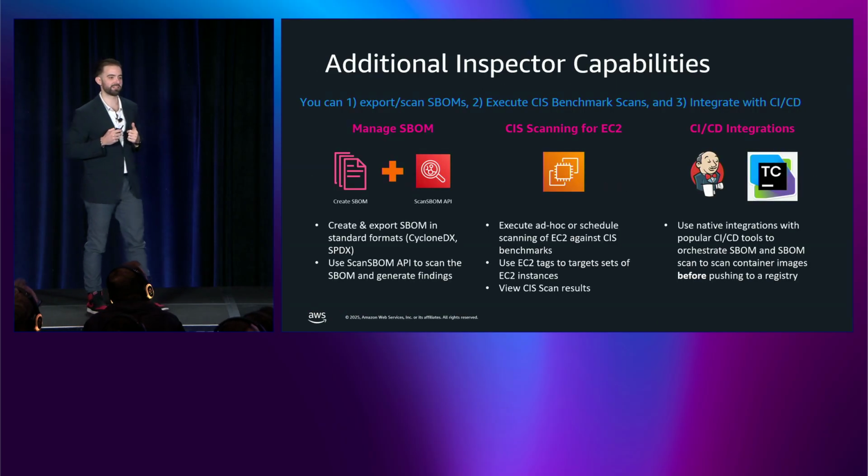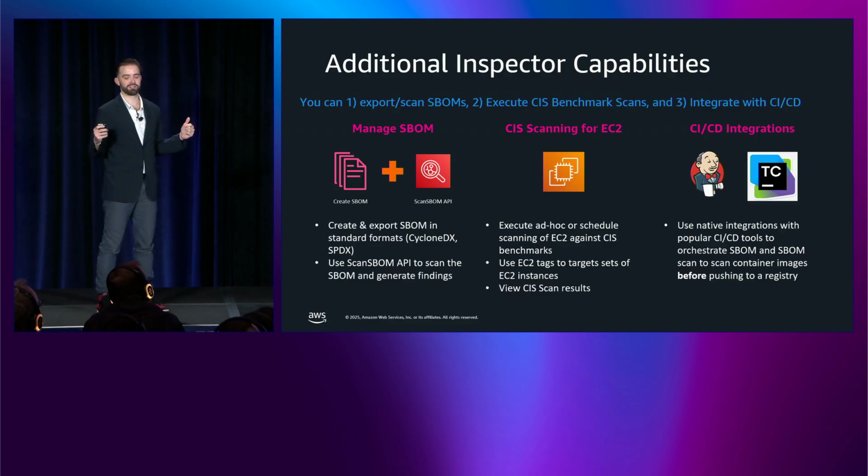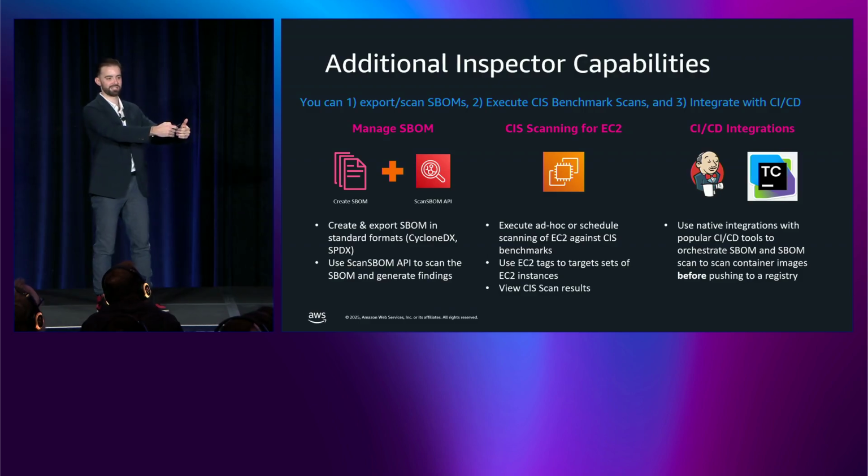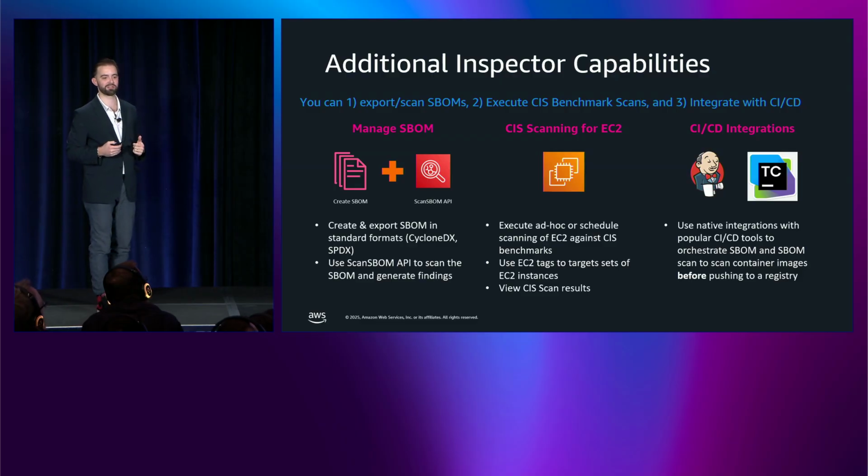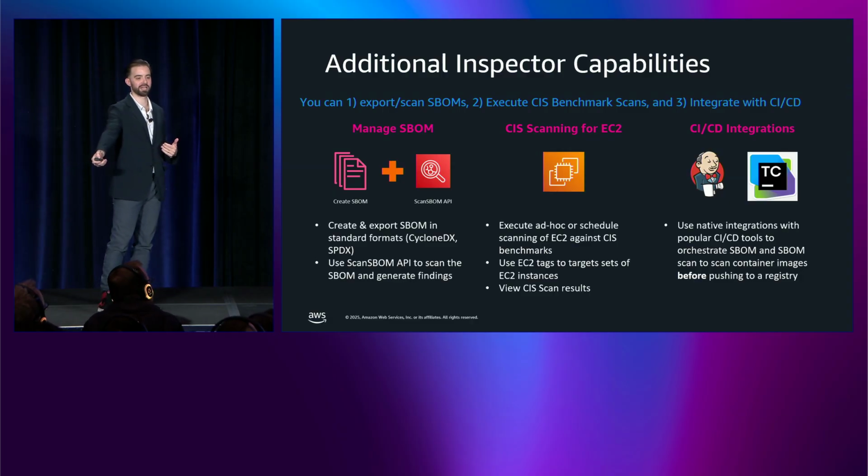The first of these I'm loosely referring to as manage SBOM, but as Rick mentioned, you have the ability to export an SBOM that Amazon Inspector is detecting, because we're monitoring those resources in near real time. You also have the ability to use our Scan SBOM API, which takes an SBOM as an input and then generates findings in Inspector based on that actual SBOM.